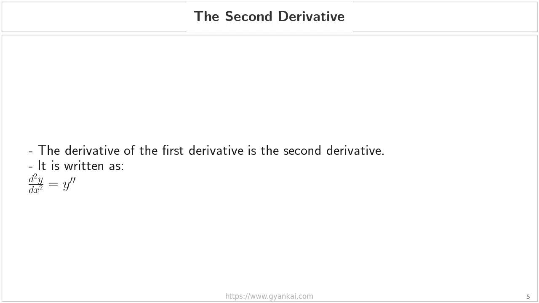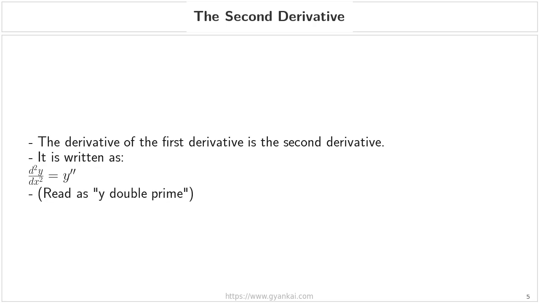We place a superscript 2 on the d in the numerator and a superscript 2 on the x in the denominator, which we write as d squared y, all over dx squared. To keep things simple and avoid that clutter we mentioned earlier, we can use the shorthand version, which is simply y double prime.